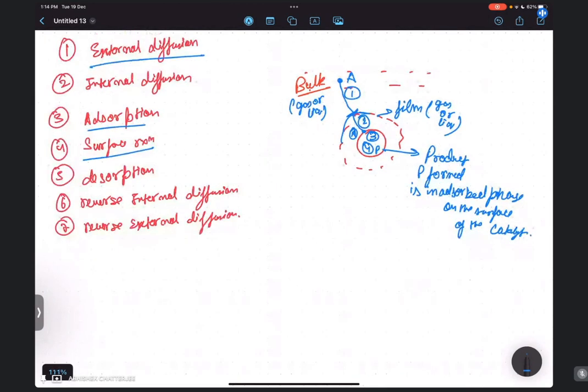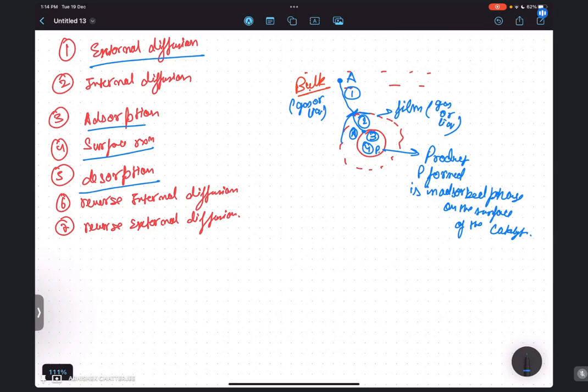Now this product P in the adsorbed phase will have no effect, no? So first it has to desorb. Desorption. First it has to desorb.